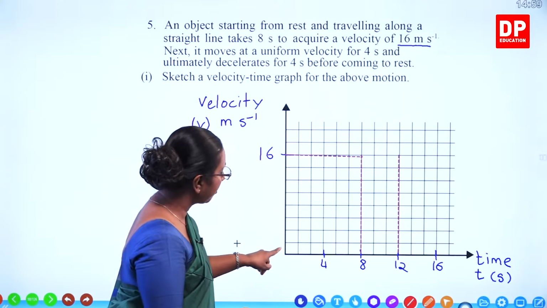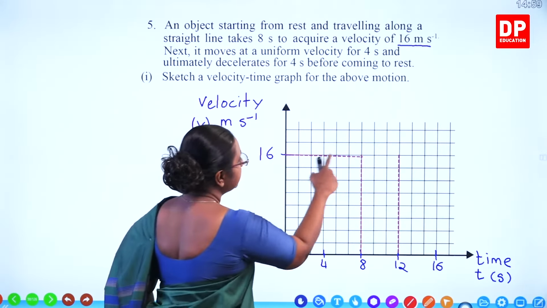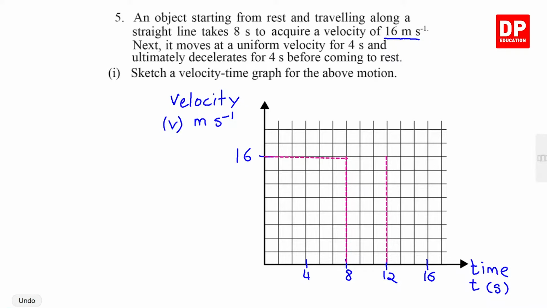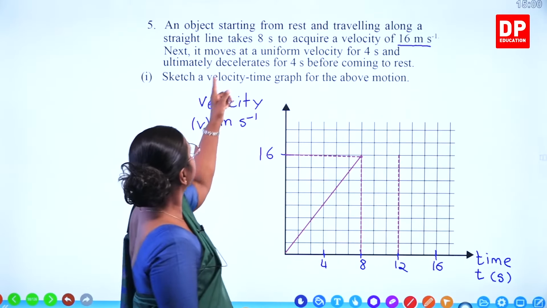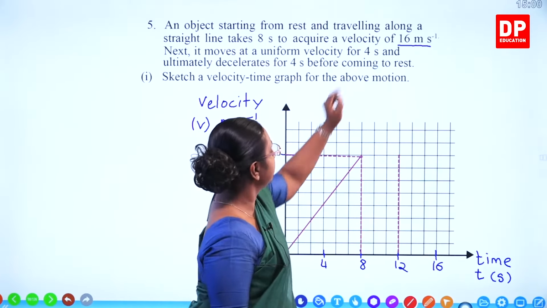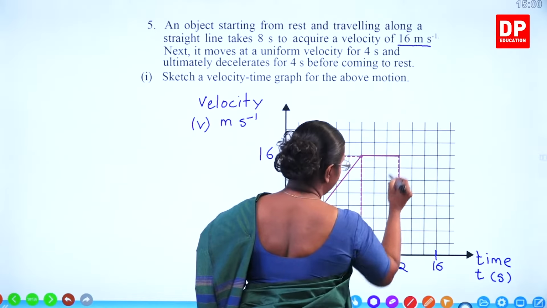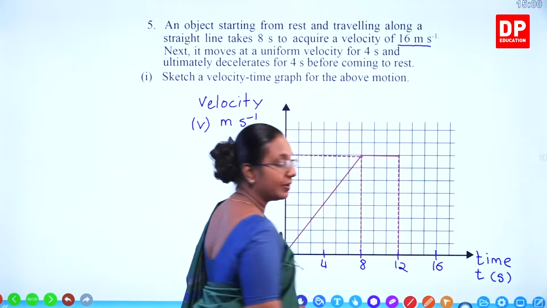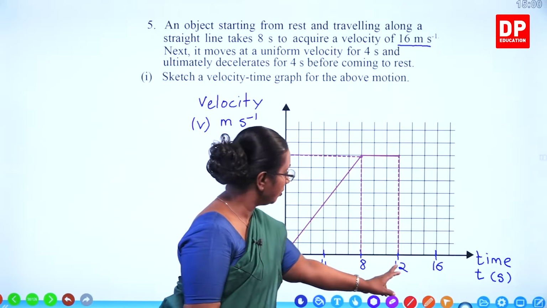Initially, starting from 0, the object acquires a velocity of 16 meters per second. So start from the 0 point and go up to the 16 meters per second mark. Then the second part, uniform velocity for 4 seconds. That is this part where from 8 seconds to 12 seconds is the 4 second time period. 8 plus 4, 12.